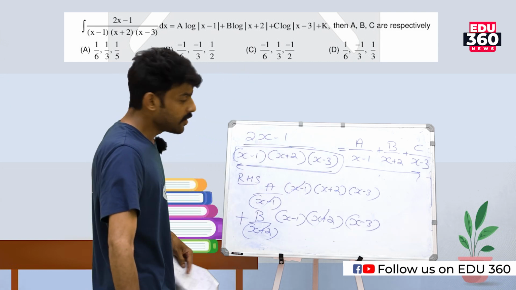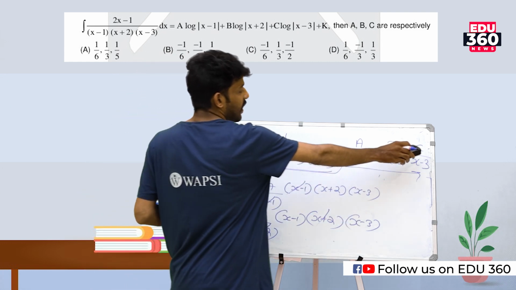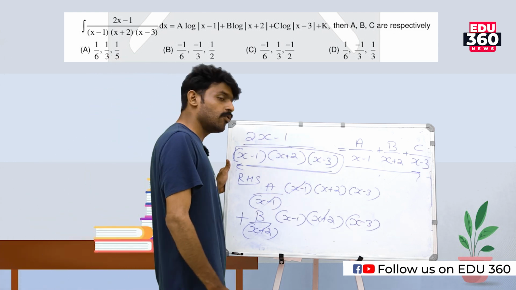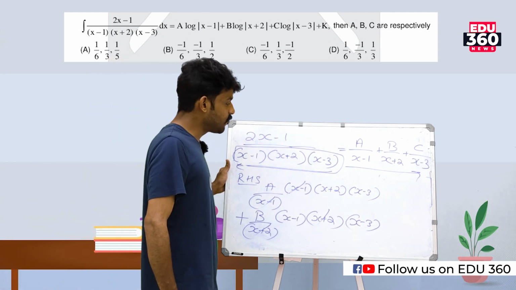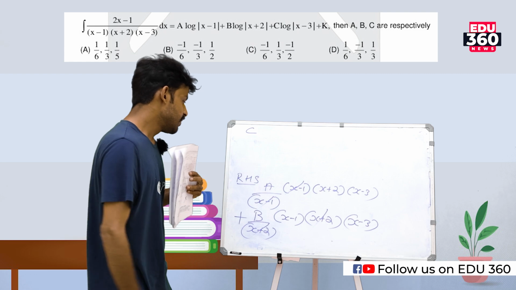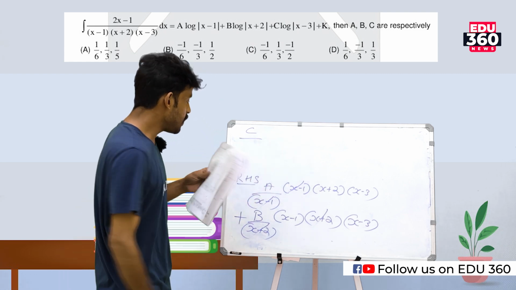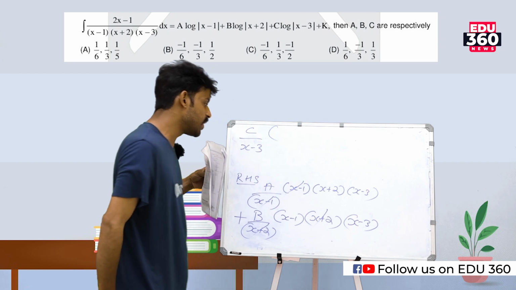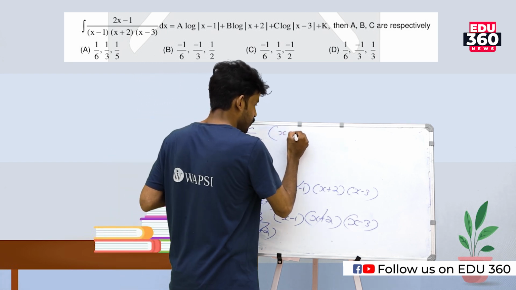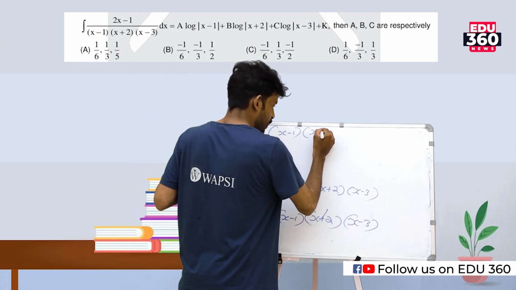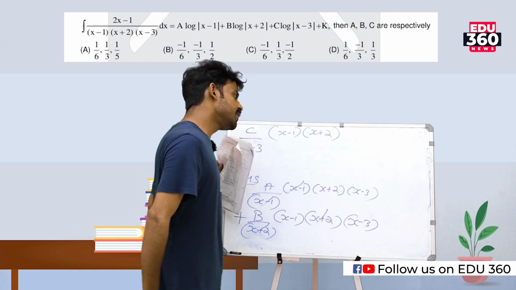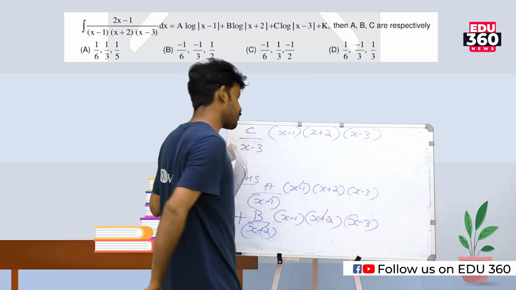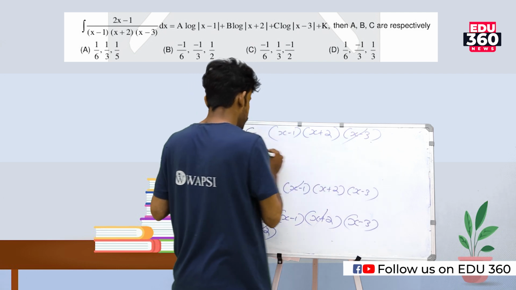Similarly, we can write c by x minus 3 into x minus 1 into x plus 2 into x minus 3. After that we can cancel this.